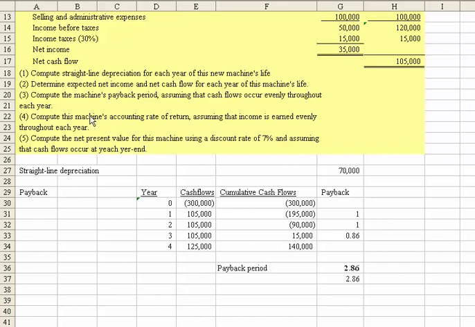Okay, now let's tackle part 4, which is compute the machine's accounting rate of return, assuming that income is earned evenly throughout the year. Okay, why don't we do this so we don't lose too much? Let's go back to the top.